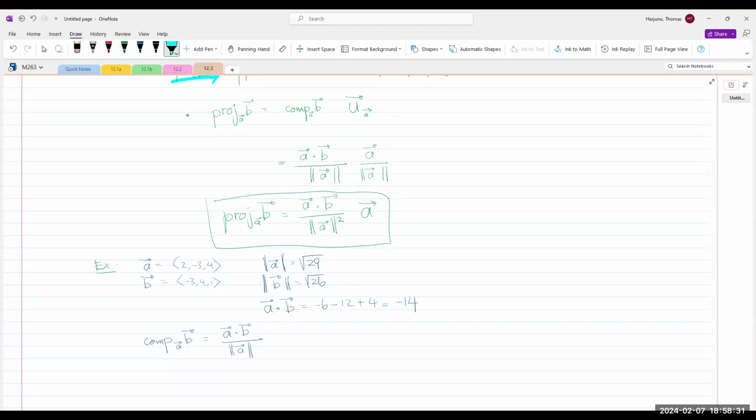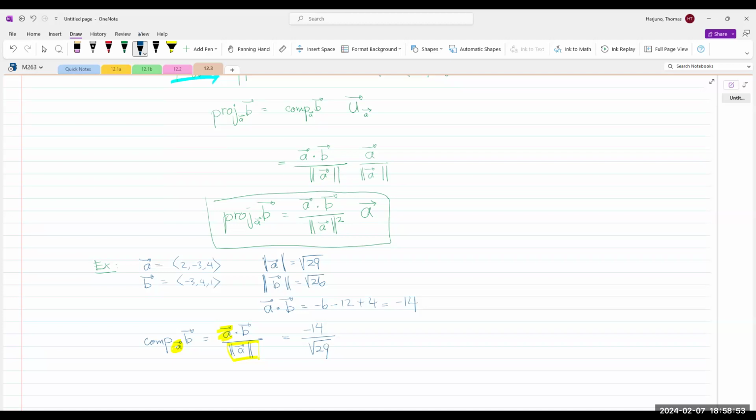We use different color. This guy here is always the magnitude of the denominator. Okay? So it will be -14 over square root of 29.